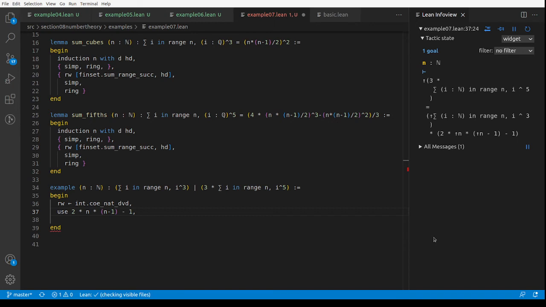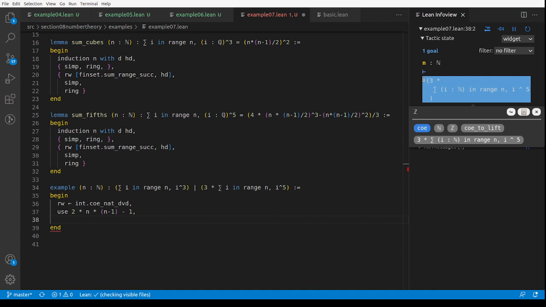So now I've got to prove that these, that's an equality of integers, but you see these proofs up here aren't going to work with integers because they've got division in. So I'll have to spend a lot of time faffing around trying to prove that if n is an integer, then n times n minus 1, the 2 actually does divide it, and I don't want to go there. So I want to prove now that this is an equality of rationals.